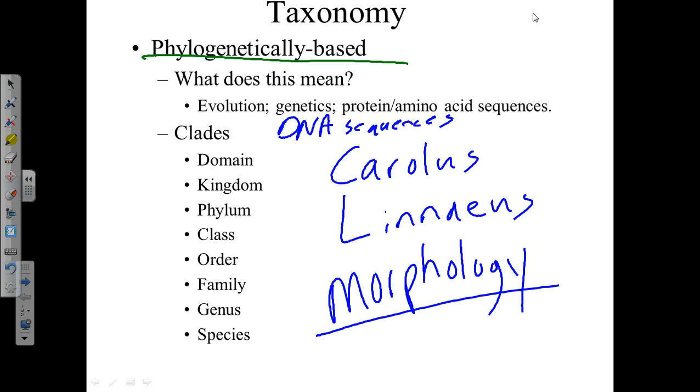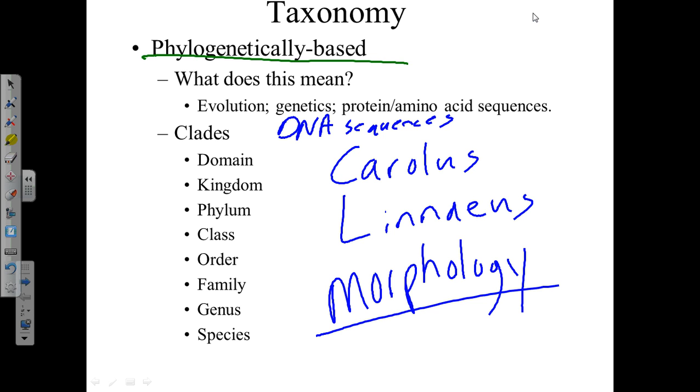For example, if we wanted to know how related a panda is to a grizzly bear, they would take a gene, let's just say the hemoglobin gene from both animals, sequence those, figure out the sequence of A's and T's and G's and C's, and then compare what percent's the same, what percent's different. And the more they're the same, the more they're alike. Not a hard question. The more they're the same, the more the two animals are related through evolution.